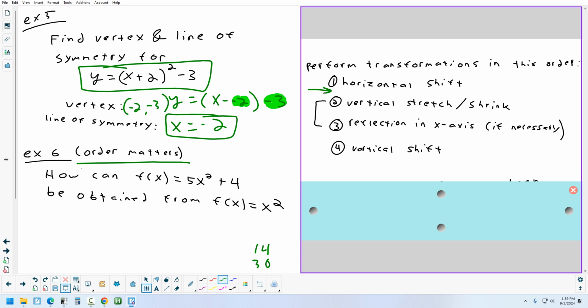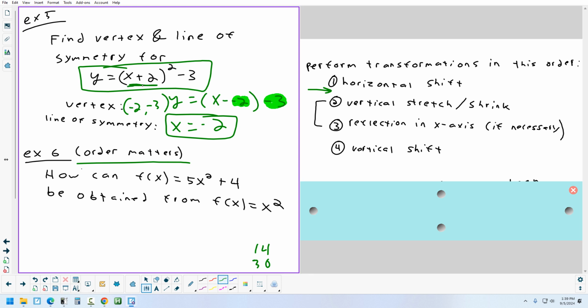And the last thing you look for is any vertical shifts. That would be adding or subtracting a number on the end of the problem. Horizontal shift would be adding or subtracting a number inside the problem, inside the parentheses. If you are missing one of them, then you just skip it.